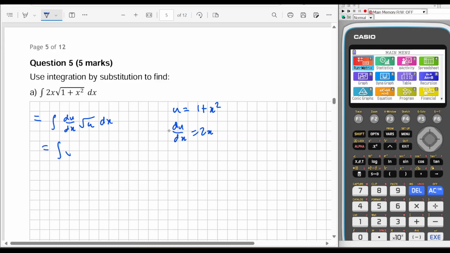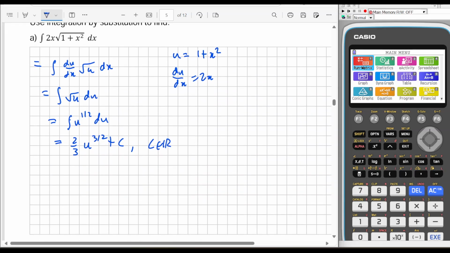So this is root u du, which is u to the half du, which is u to the power of 3 halves. You want to divide by 3 halves, but that's the same as timesing by 2/3. Plus c. C is in R. And then that is 2/3, and then u was 1 plus x squared to the power of 3 halves.